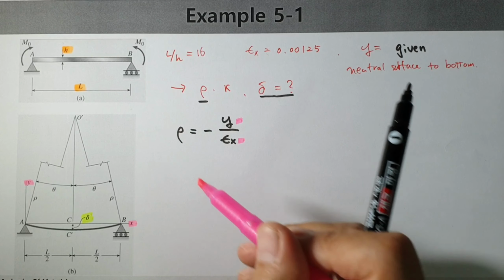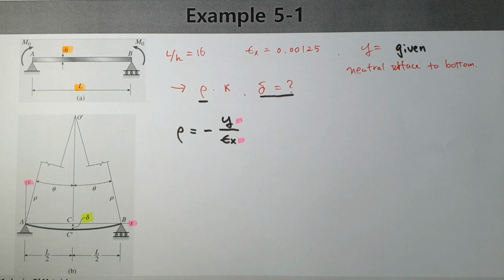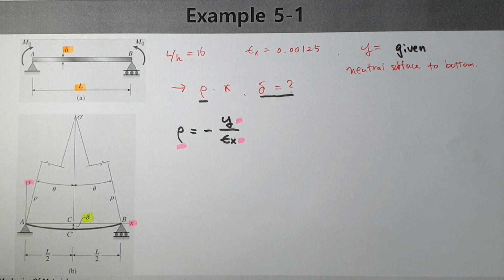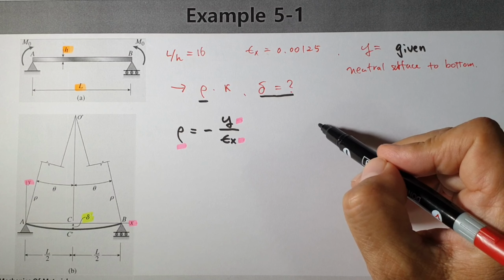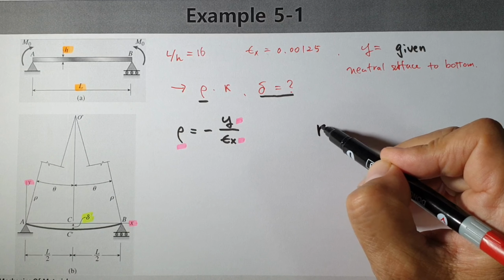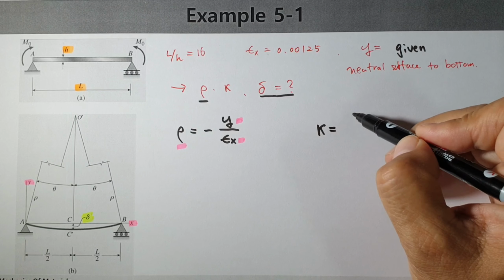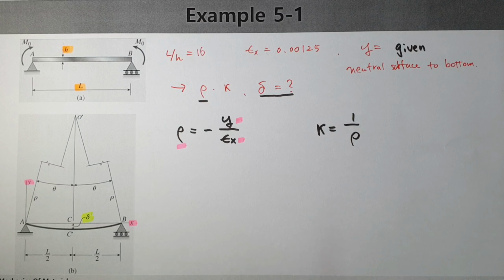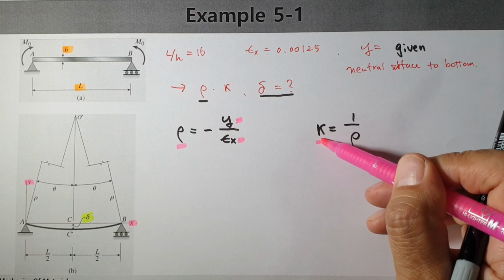Two values are given, then we can calculate rho. When you know the rho value, that's the radius of curvature, and curvature is 1 over rho. Then we can also calculate the curvature kappa.